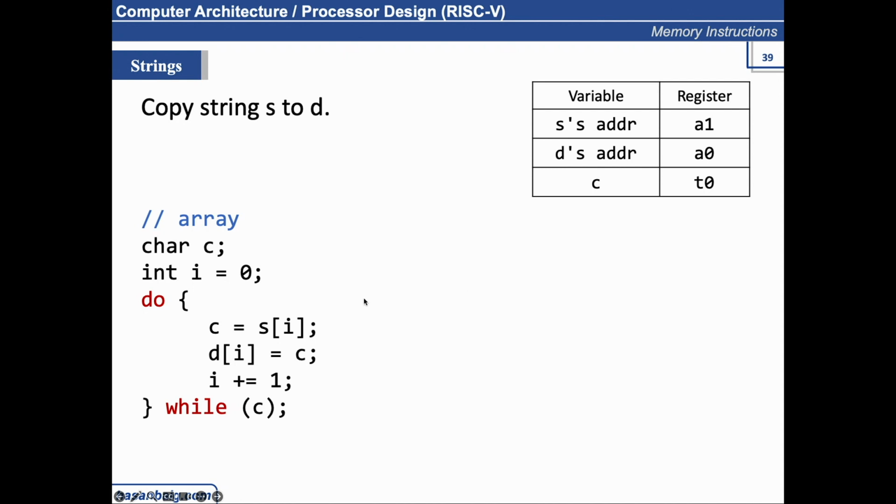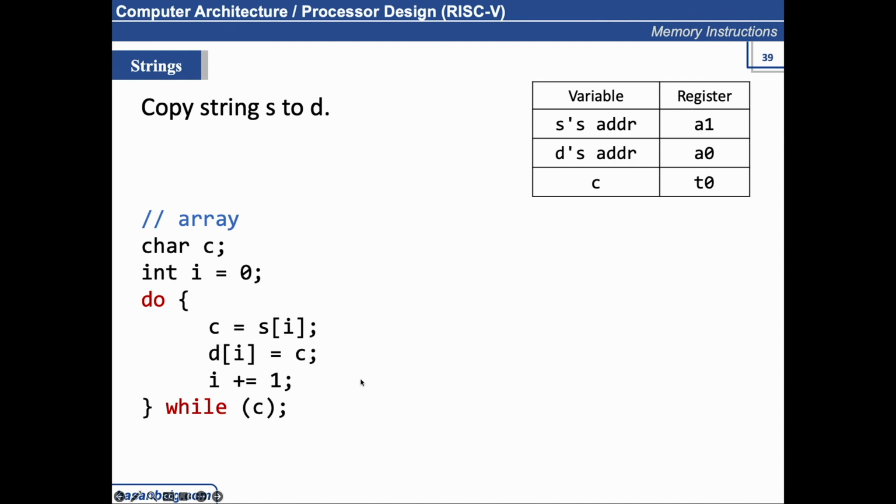This is a piece of C code, a do while loop. Are you familiar with do while loops? It runs at least exactly once, and then checks the condition. Here we are copying S[i] into C. C is just a temporary variable.